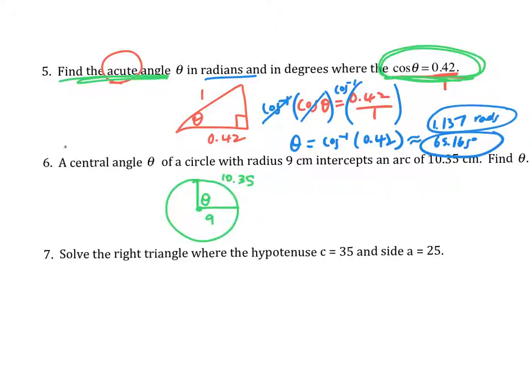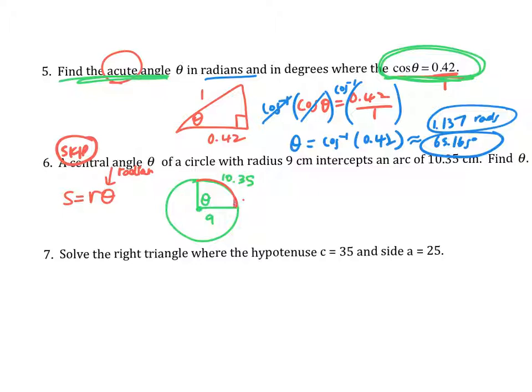Number 6, we didn't go over it, so you can skip number 6, but just for future reference, whether it's for SAT, ACT, you might want to know it, and that is arc length is equal to r theta, where theta is in radian mode, or radian angle measure. A central angle of a circle with radius 9 centimeters intercepts an arc of 10.35 centimeters. Find theta.